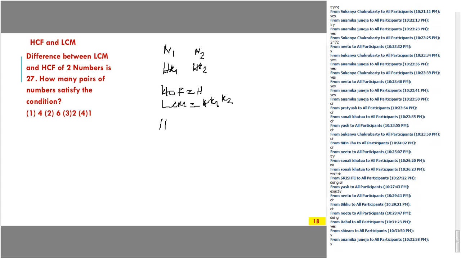So what is given to us? H into (K1 K2 minus 1) equals 27. How many are clear this is what is given?